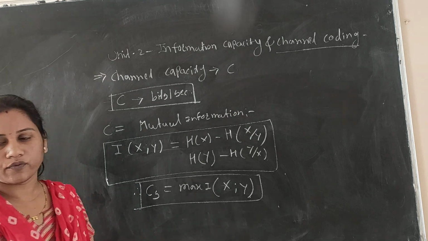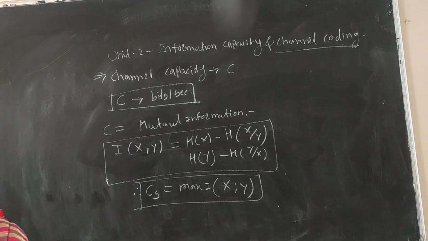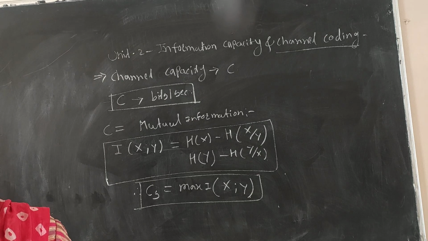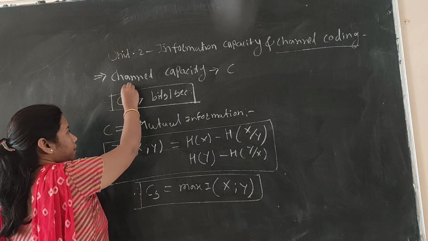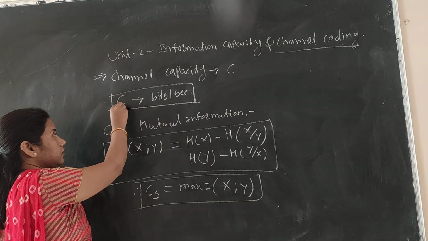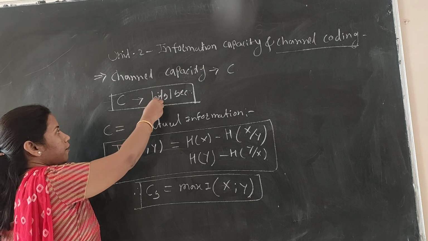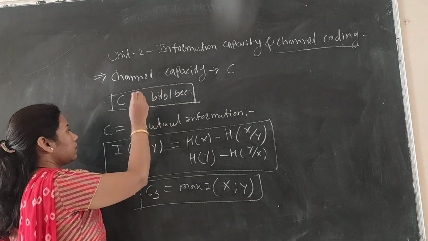Among the different types of channels, we have to see the channel capacity of a binary symmetric channel. Remember this equation. Channel capacity is denoted by the capital C, and its unit is bits per second.